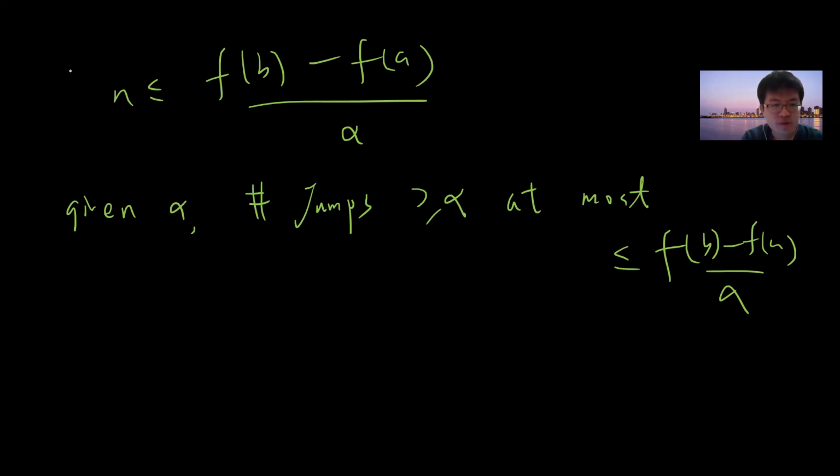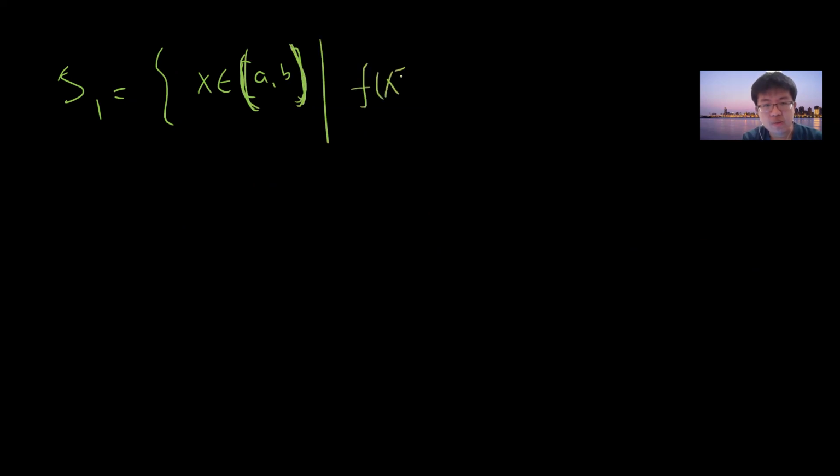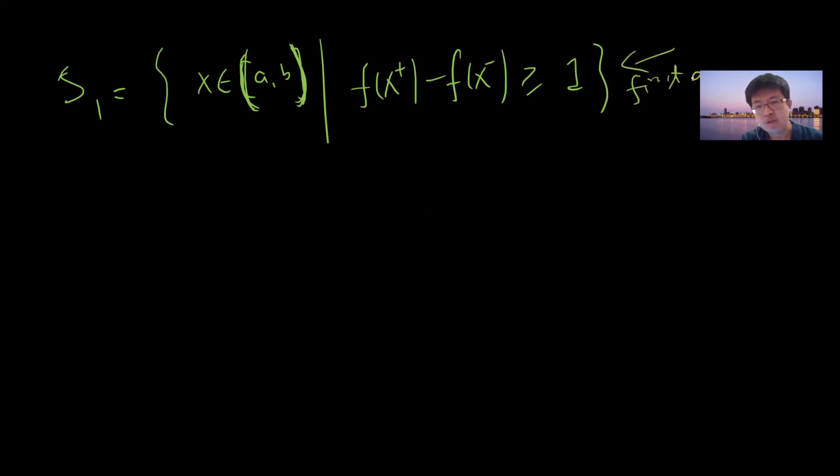Let's define a set S1, which is the set of points in the open interval such that f(x+) minus f(x-) is greater or equal to 1. That means there is a discontinuity with jump greater or equal to 1, and we already proved that this is finite, for any alpha.